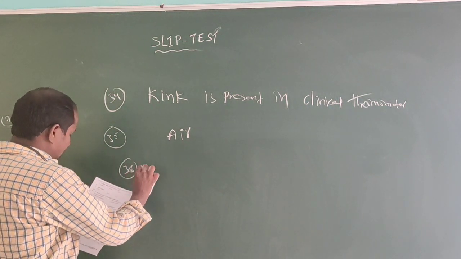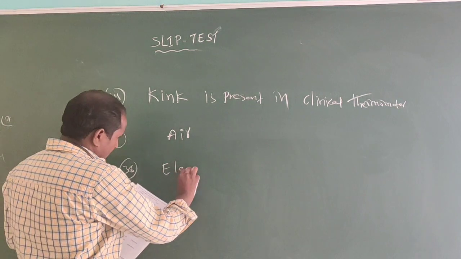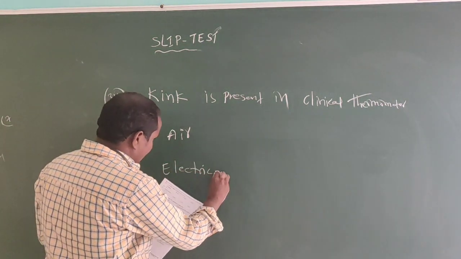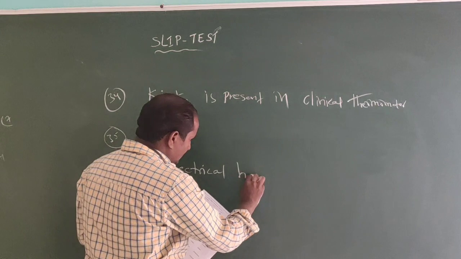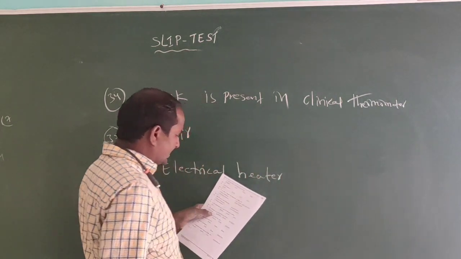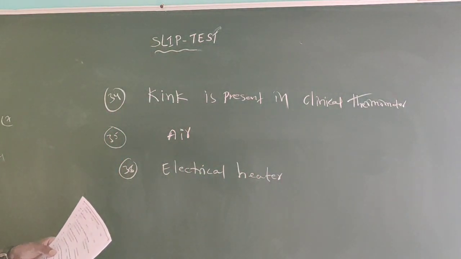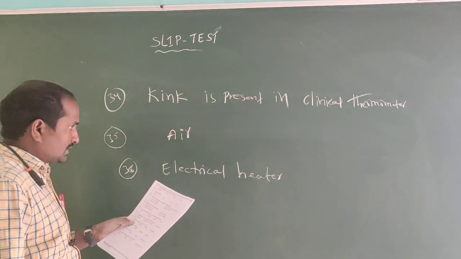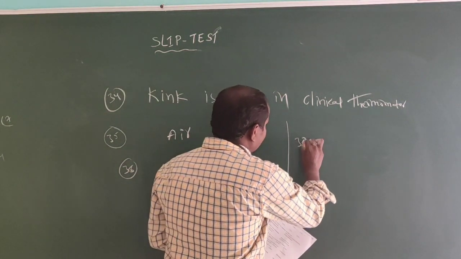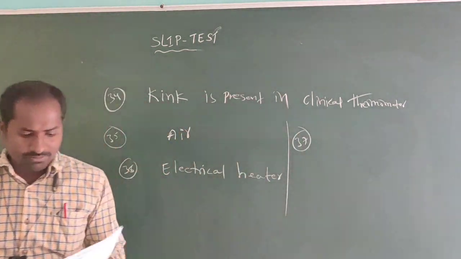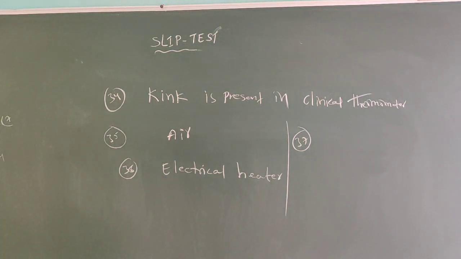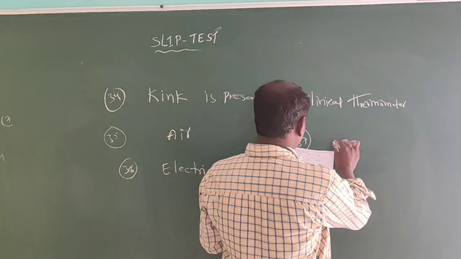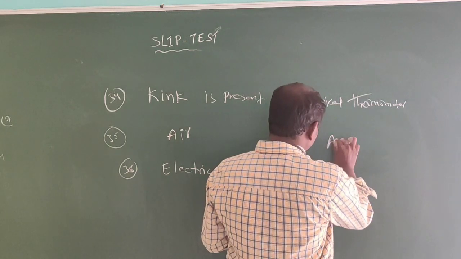An electric heater is used to convert electrical energy into heat energy. Next one, 37th one. The lowest temperature recorded in the world is in Antarctica. B is the answer.